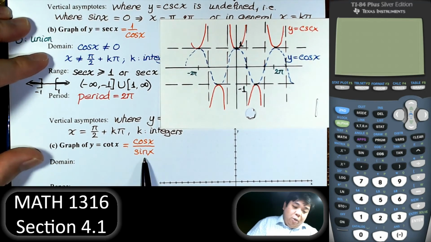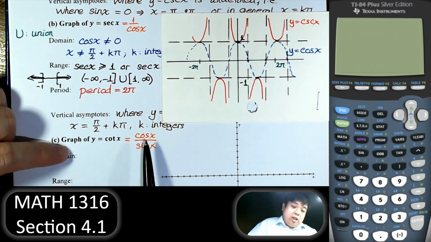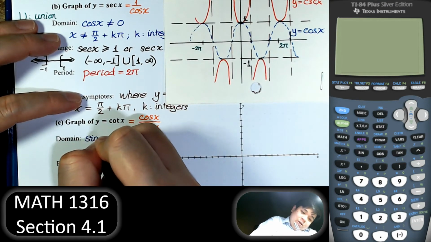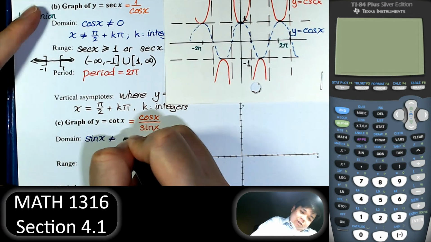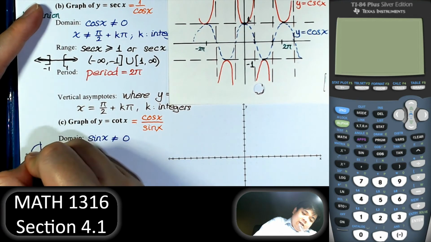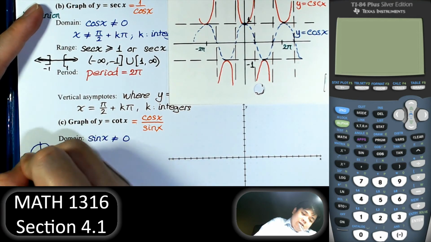Right, the domain. If the function is cosine divided by sine x, the denominator cannot equal to 0, meaning that sine x cannot be equal to 0.